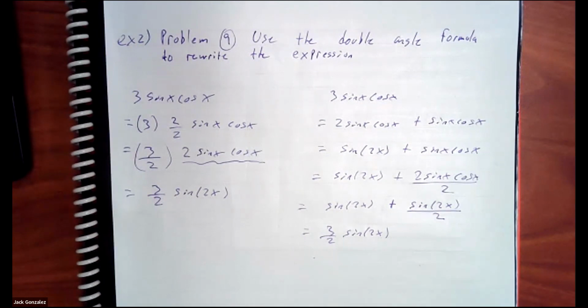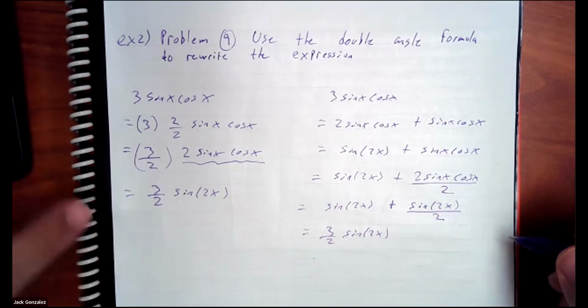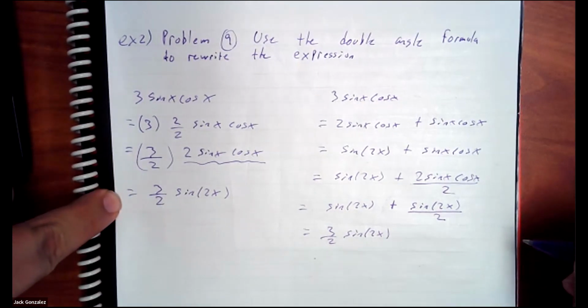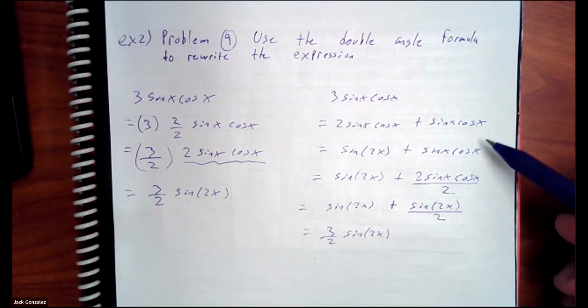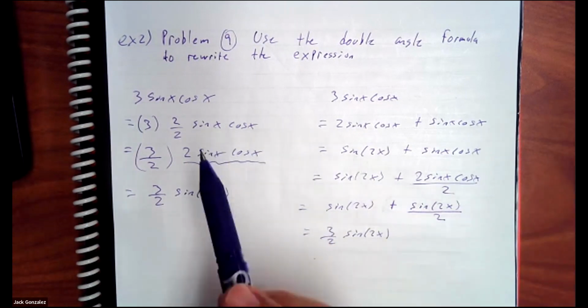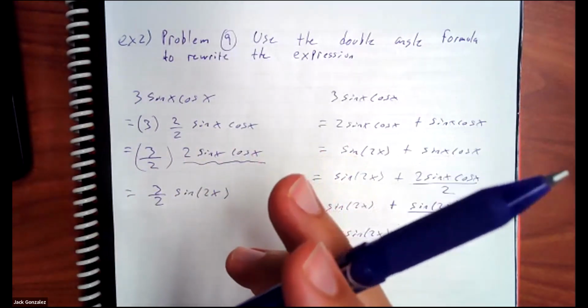I understand multiplying it times 2/2, but what does it change? I don't understand what the 3/2 is. Oh, you mean the last step? This side makes sense, right? Yes. But 3 times 2/2 sine cosine equals out to 3/2.